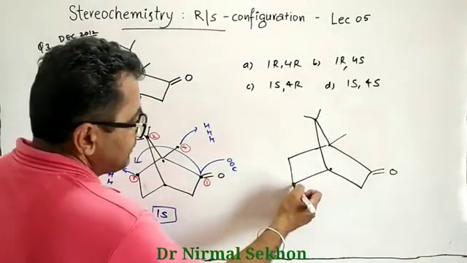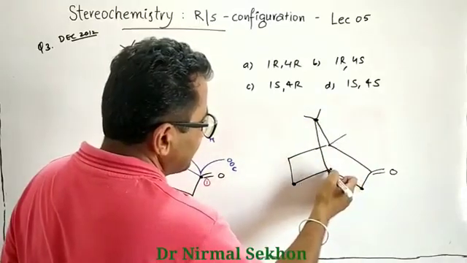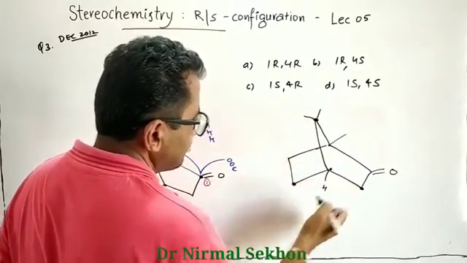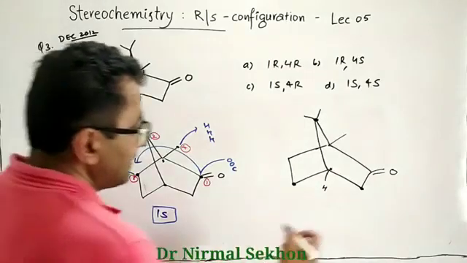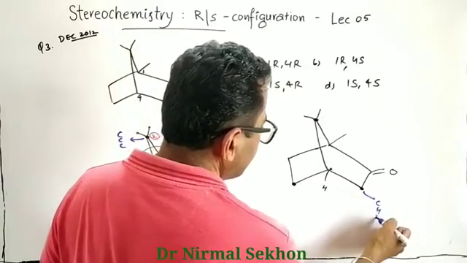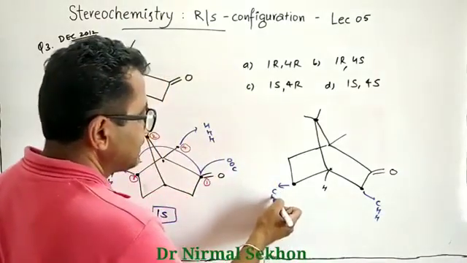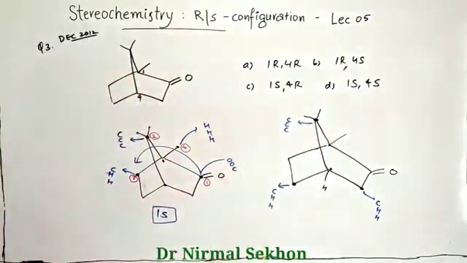So these are the groups to which it is attached: 1, 2, 3, and there is 1 hydrogen, 4. So just write the number. This carbon is connecting to CHH. This is also CHH. But this is connecting to CCC. That will get number 1.